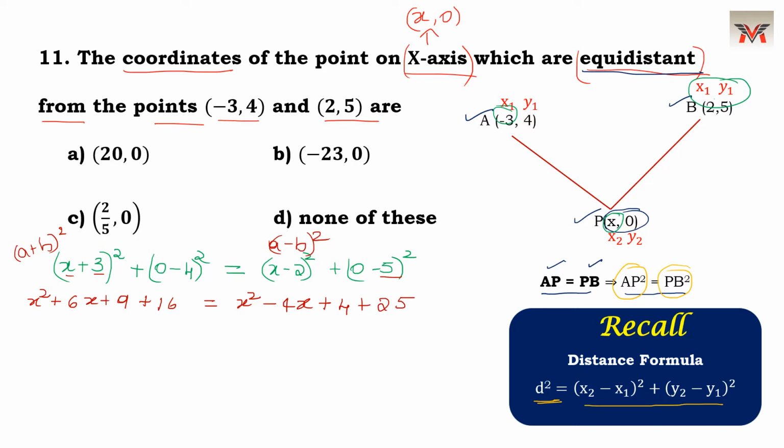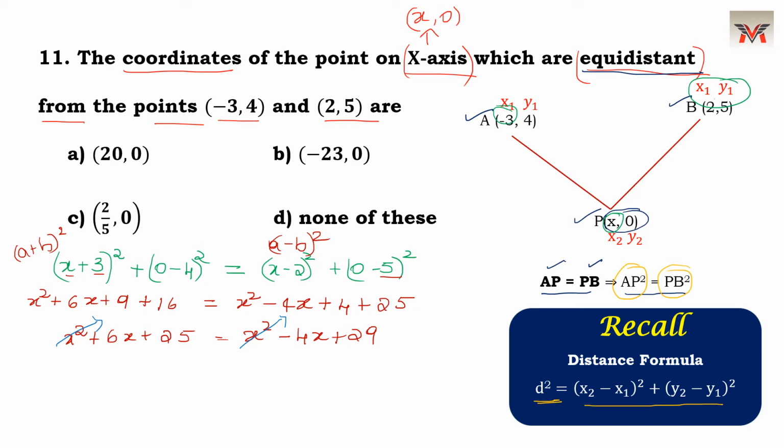When we simplify this, we get x square plus 6x plus 25, which is equal to x square minus 4x plus, 25 plus 4, that is 29. Observe that we have x square on both sides, so we can cancel it.